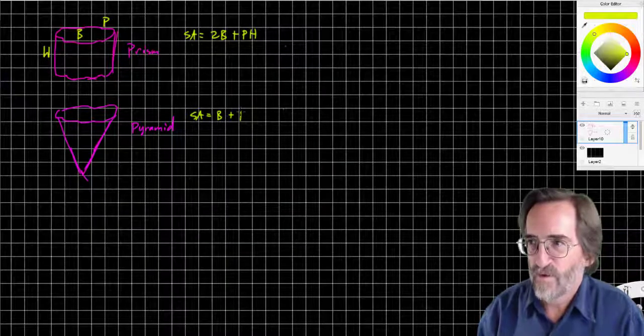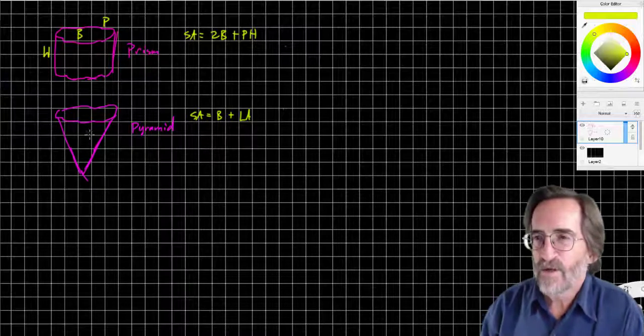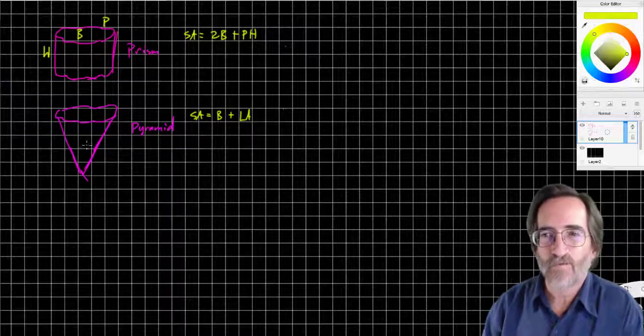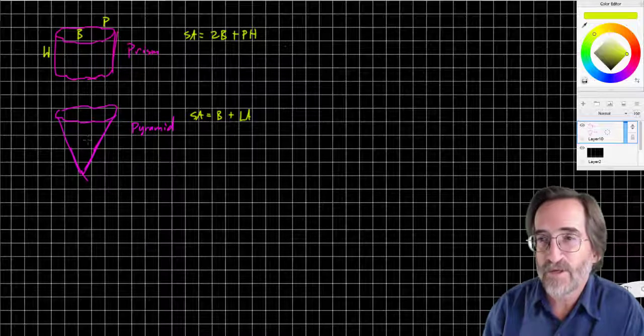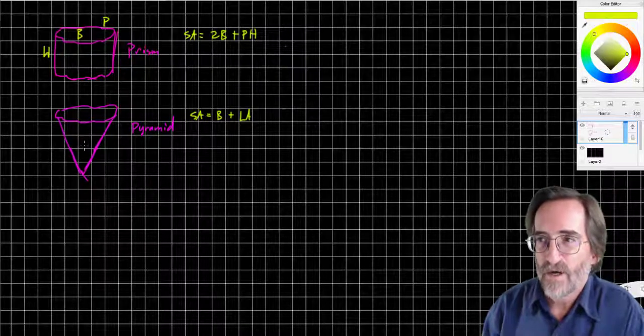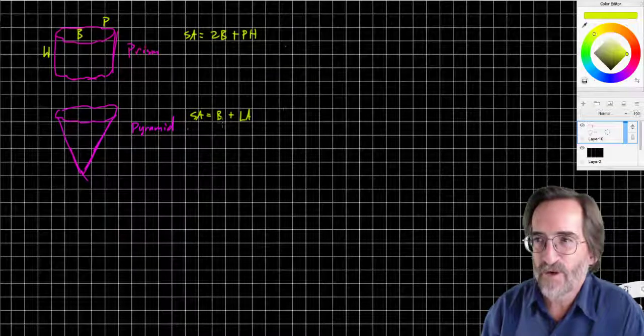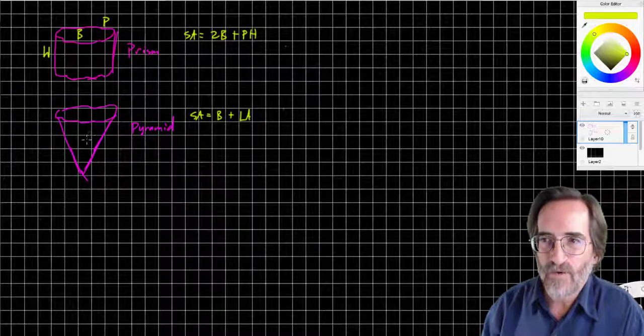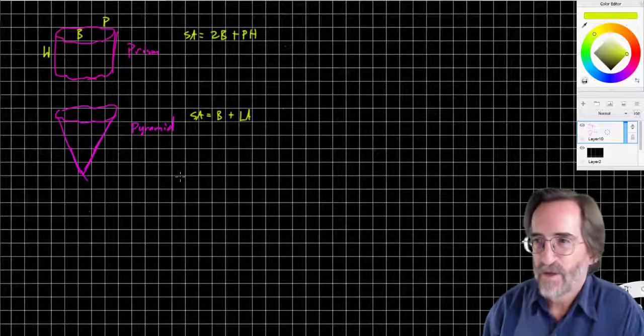Now, the lateral area can be a little tricky, and it depends on what we're talking about. For the most part, we're going to be dealing with rectangular prisms, or rectangular pyramids, and we'll come back to that here. But the surface area of a pyramid is one base, not 2 bases, plus the lateral area, or the area of the sides here.